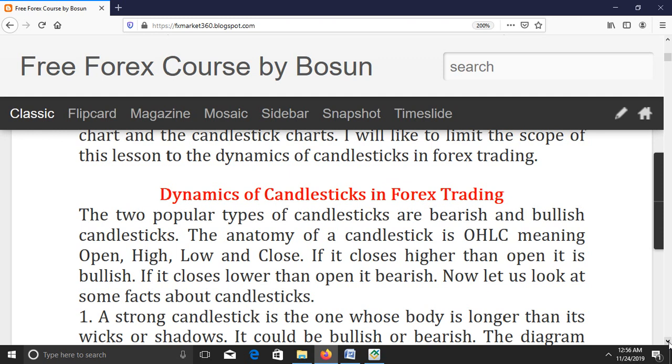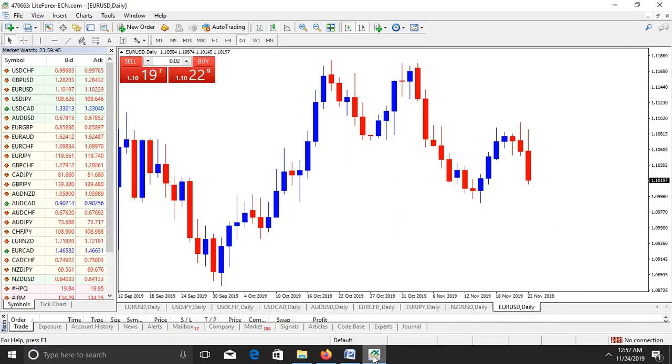Before we look at some facts about candlesticks, let me briefly use the chart to explain what I just said. Look at this red candle. You can give it any other color, but this is my own chosen color, red, for a bearish candle. You can see the level. It has open, high, low, and close.